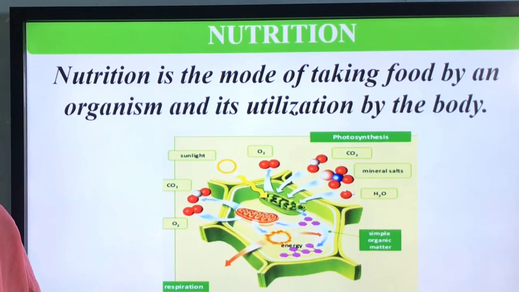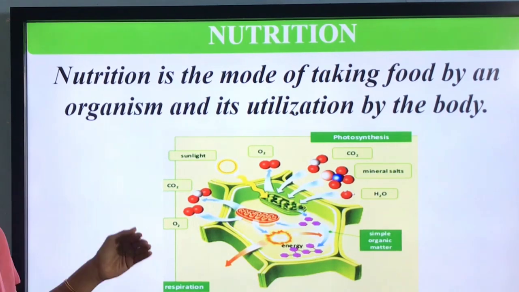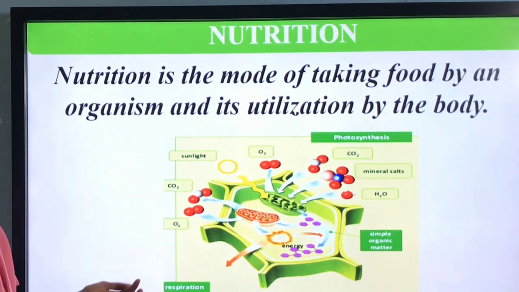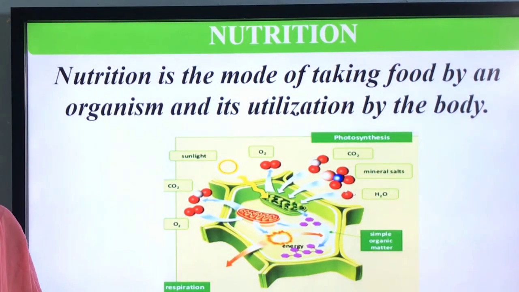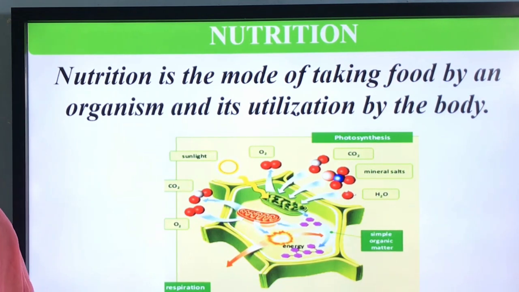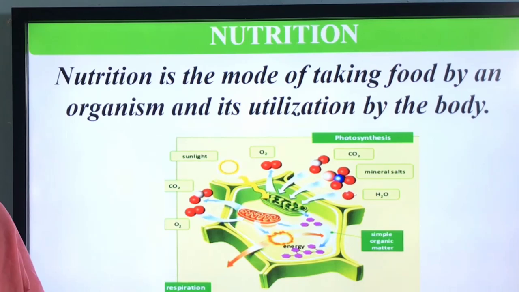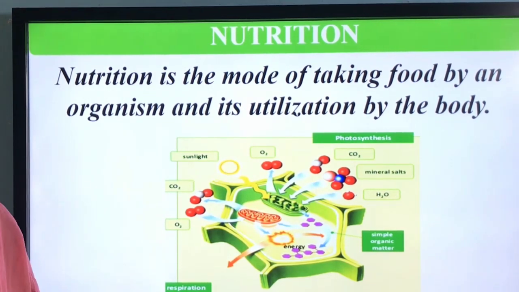To carry out the nutrition process, the body needs some special structures. In cells, we have some special cell organelles, namely chloroplasts and mitochondria. These help in taking in oxygen and releasing energy. So, with the help of these structures, the plant carries out the various life processes and also the photosynthesis process.